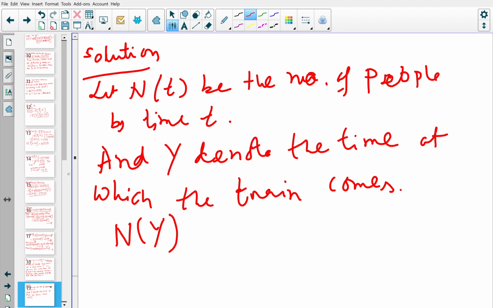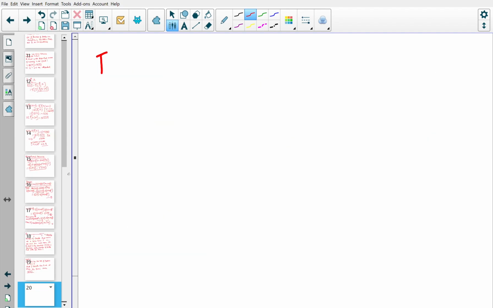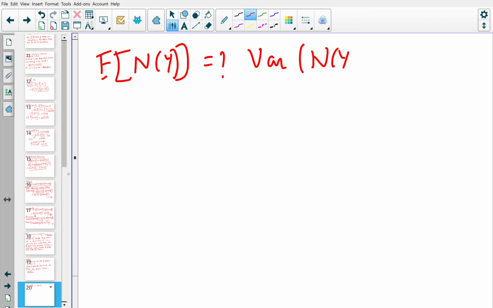So in particular we want to know the expectation of N(Y) and the variance of N(Y). Expected number of people, and the variance of people, right?